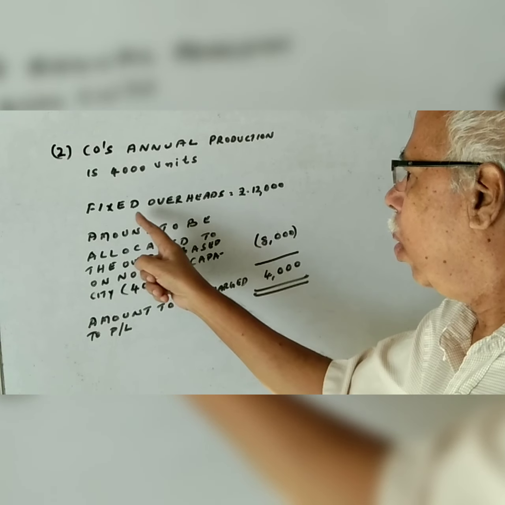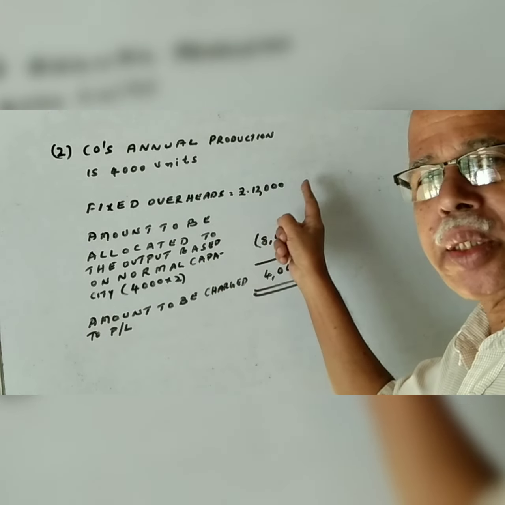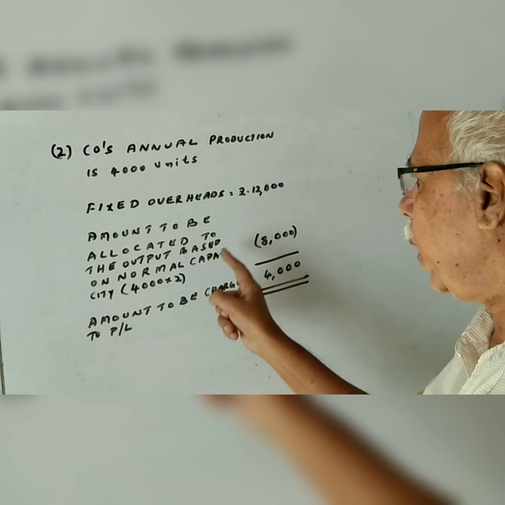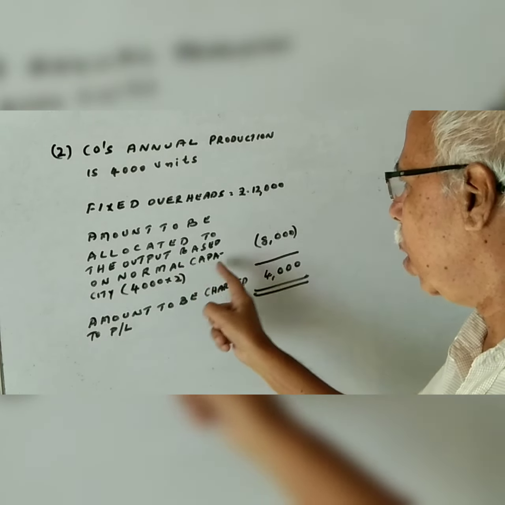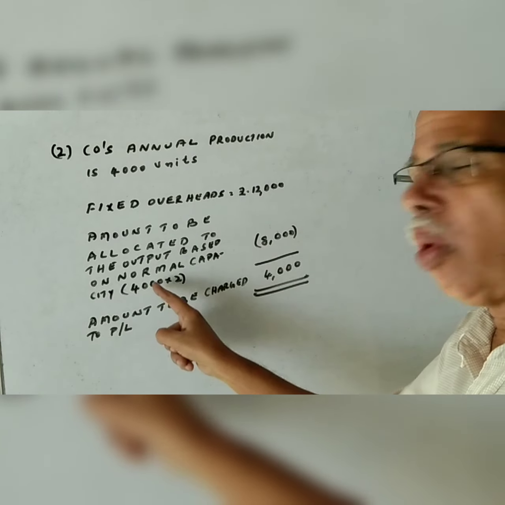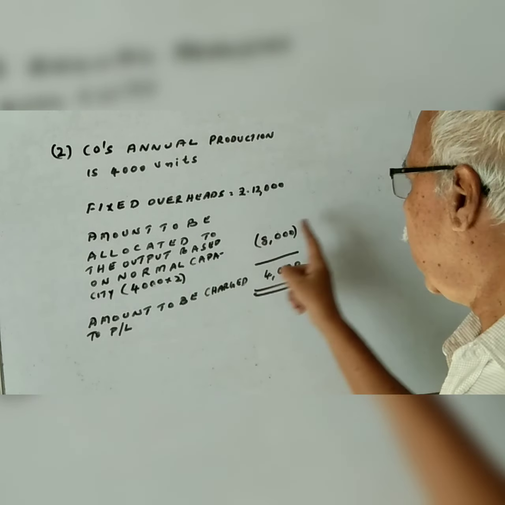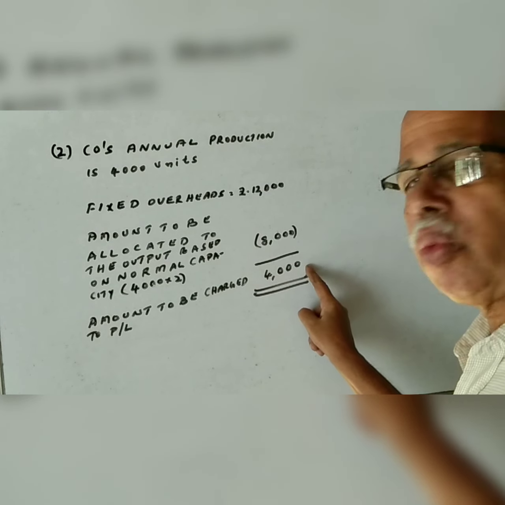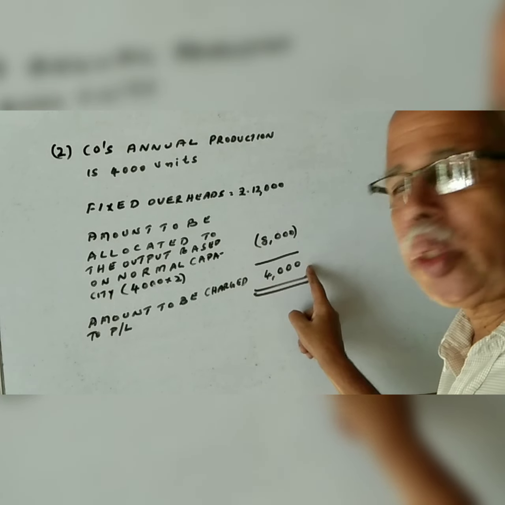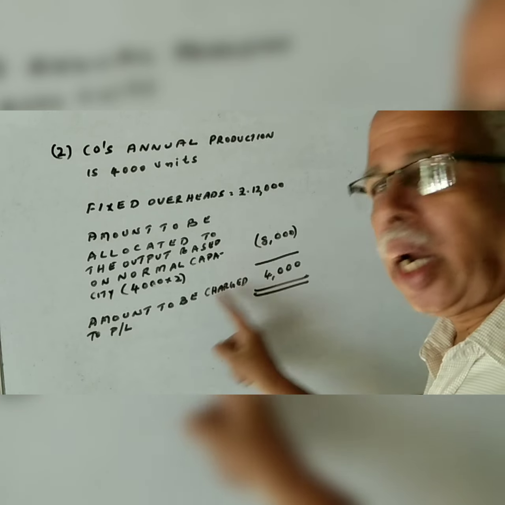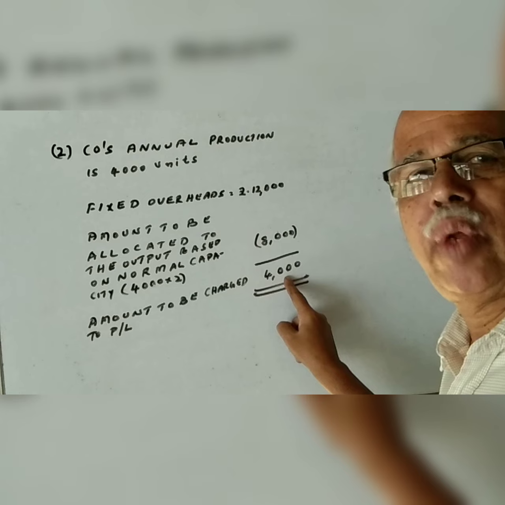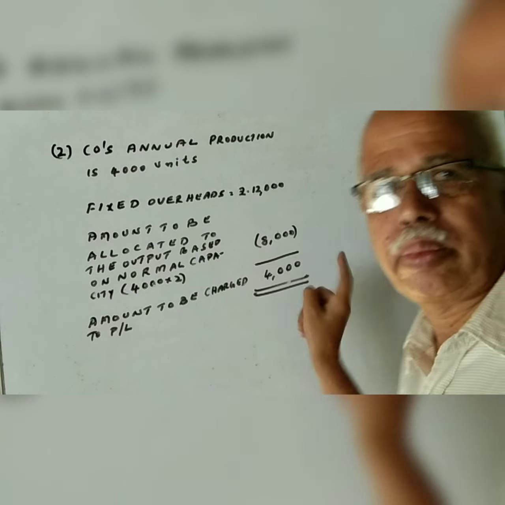In this case, fixed overheads will remain the same at 12,000. Amount to be allocated to the output based on normal capacity will be 4,000 into 2, 8,000. The balance overhead of 4,000 will be charged to the P&L account. Otherwise, there will be an overvaluation of inventory by this amount.